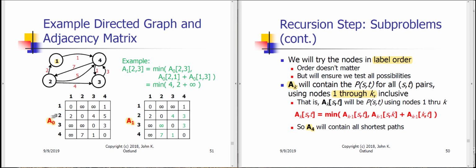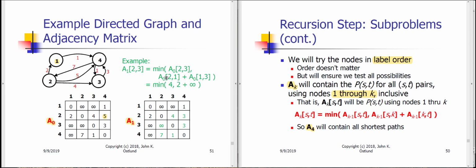Going from node 2 to node 4 directly costs us 5. All right, so one possibility is that I can use this lowest cost that I know about so far, A sub 0 sub 2 comma 4 is 5. Or I could try using node 1 as an intermediate step. I could say, give me the cost A sub 0 2 comma 1 plus A sub 0 1 comma 4 this time.